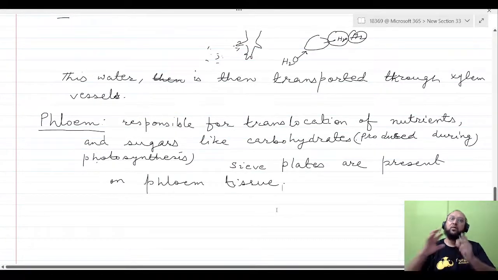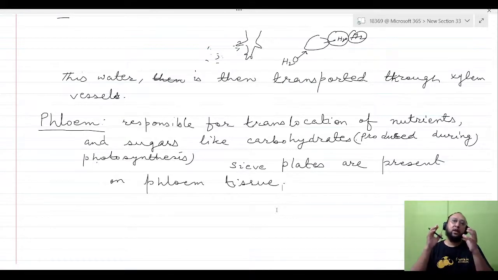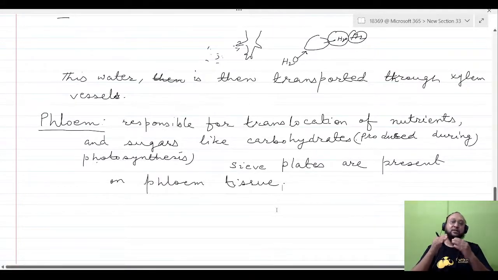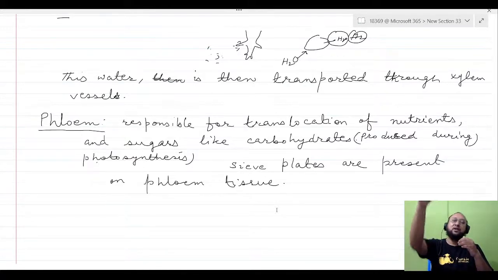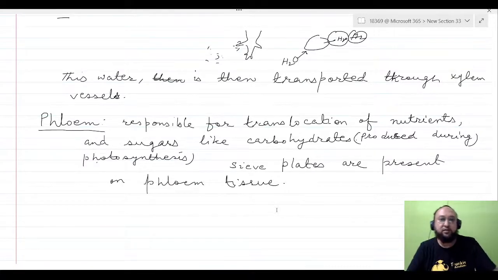Like I was talking about how a root absorbs water from the soil, how the plasma membrane, the cell membrane, acts as a semi-permeable membrane, and the process of osmosis takes place, and then it ultimately goes to the xylem tissue, and from xylem tissue it is transported to different parts of the plant body.